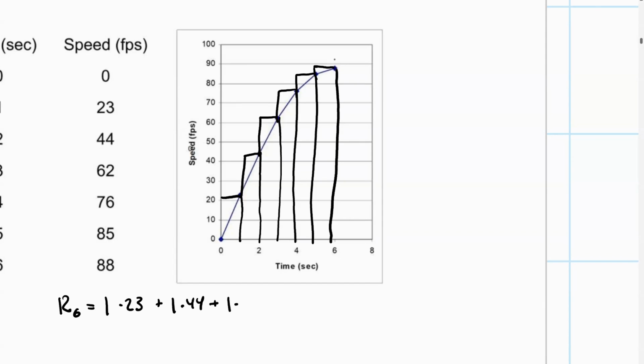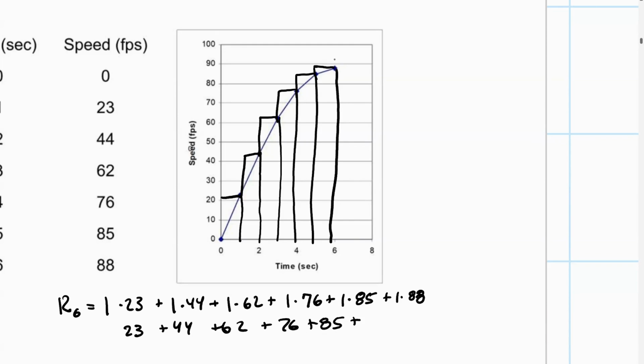My third rectangle is 1 wide and 62 feet per second tall. 1 times 76, 1 times 85, and then my last one is 1 times 88. And if I total all those up, 23 plus 44 plus 62 plus 76 plus 85 plus 88.